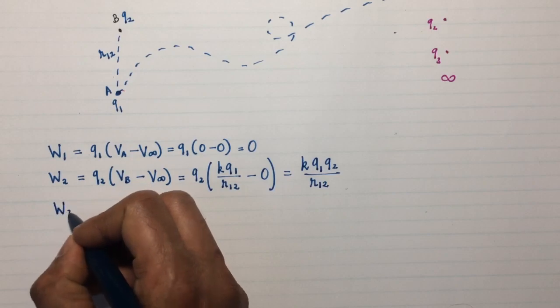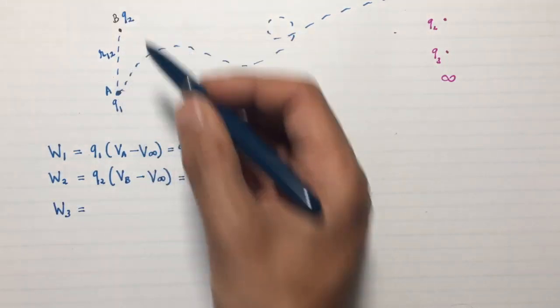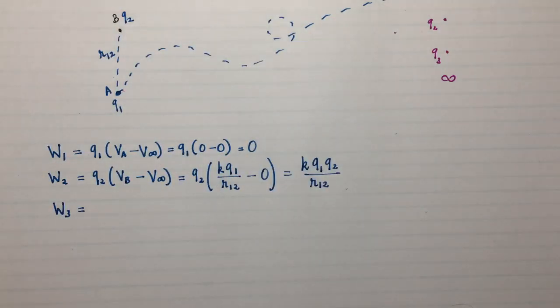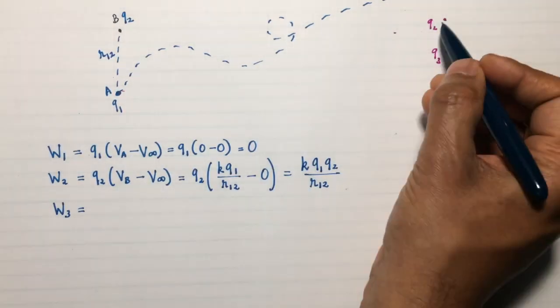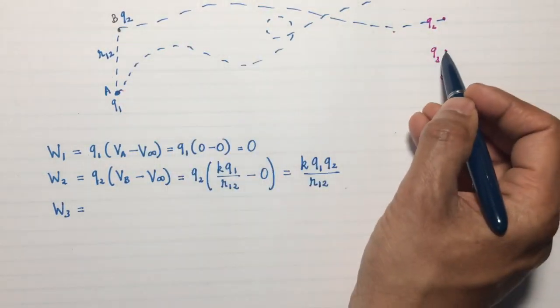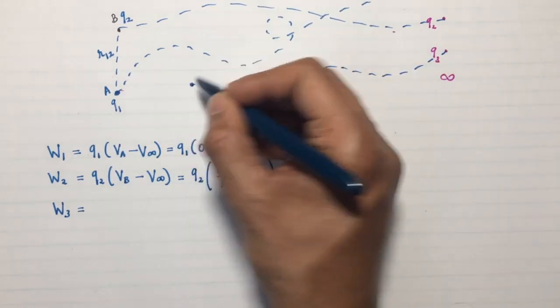Let's finally bring the third charge in. The third charge is now going to have to deal with these 2. So they're both going to start sending out influences, and the third charge will have an even harder time getting in place. So let's suppose we want to put the third charge at some location here.